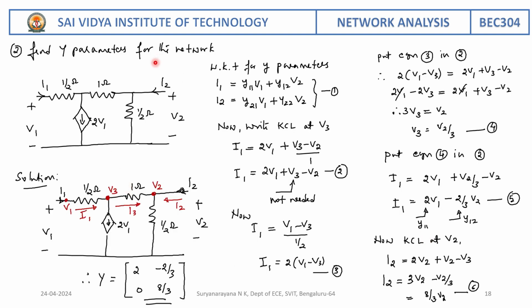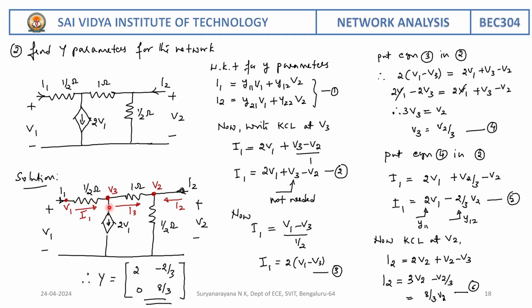Now find the Y parameter for the network which is shown. Here we are going to see there is a dependent current source. So mark currents I1, I2 and I3. Writing KCL at V3, what is KCL?